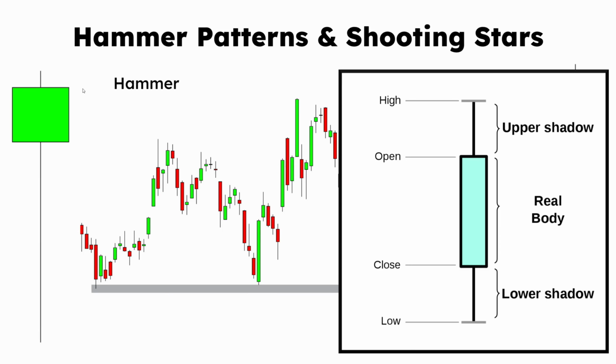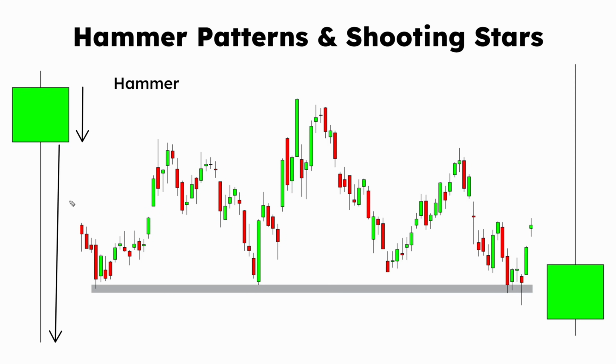In order to identify a hammer, you're looking out for a small real body. This wide part of the candle is what we're calling the real body. We also want to see a long lower wick. The wide part of the candle is called a real body, and the small lines above and below are called wicks. For the hammer, we want the lower wick to be at least twice as large compared to the real body.